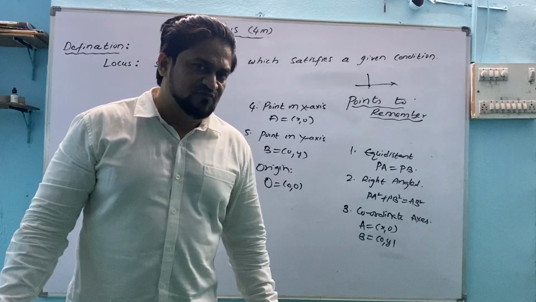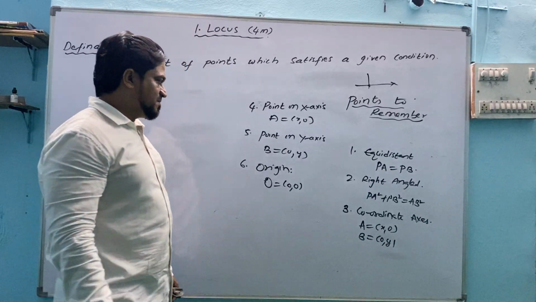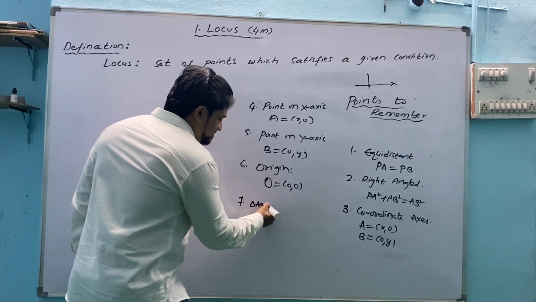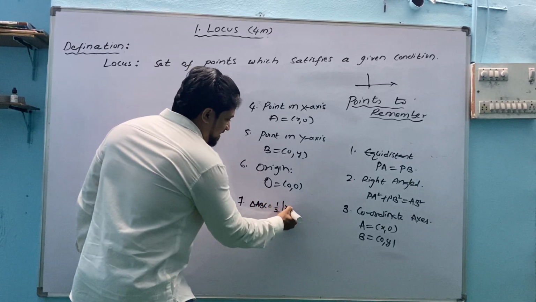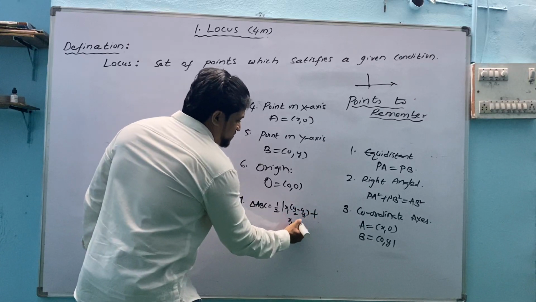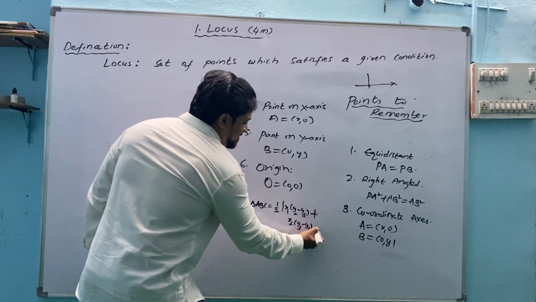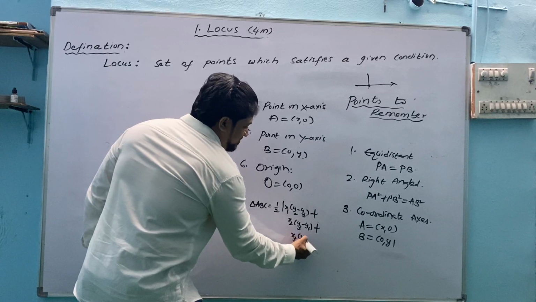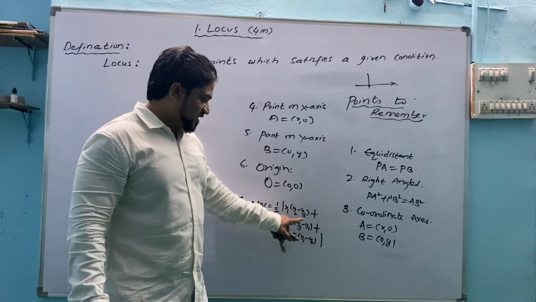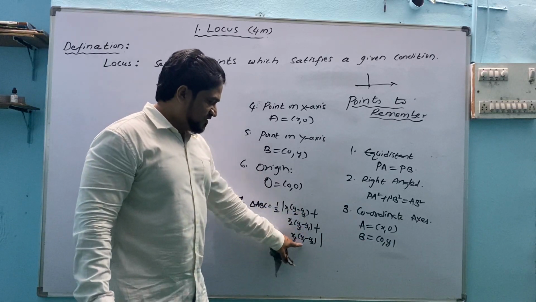One area of triangle formula is there, that also you have to remember. Area of triangle ABC is half modulus of x1 (y2 minus y3) plus x2 (y3 minus y1) plus x3 (y1 minus y2). This pattern you can follow: 1 2 3, 2 3 1, 3 1 2.